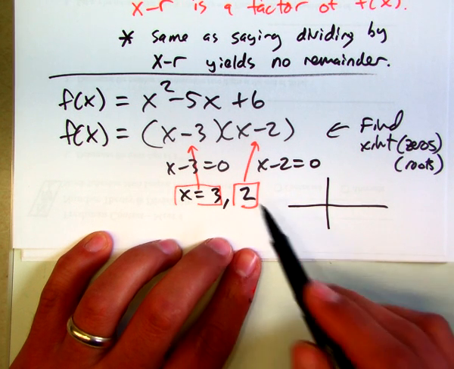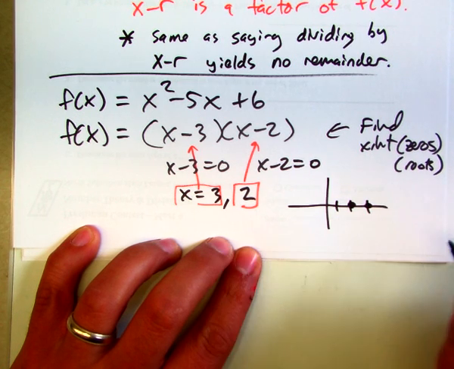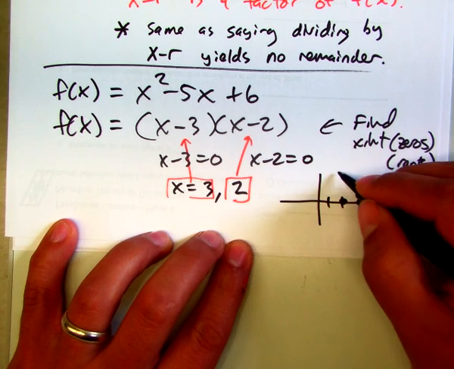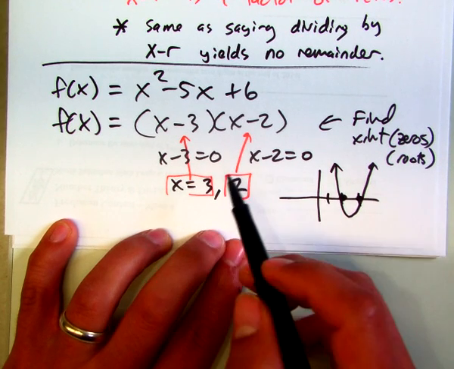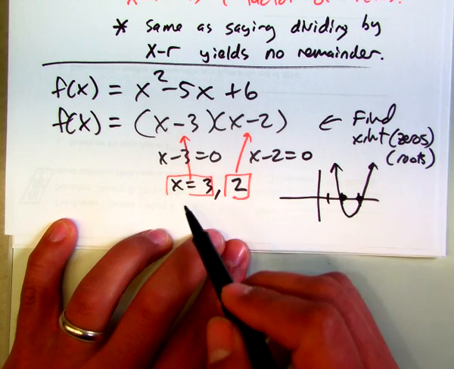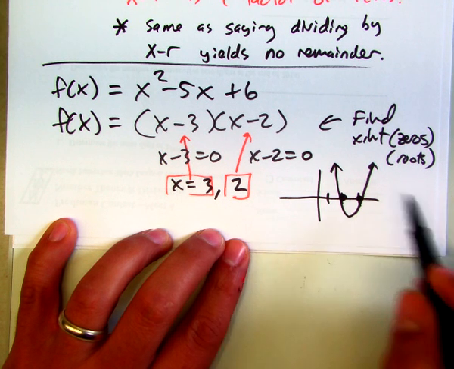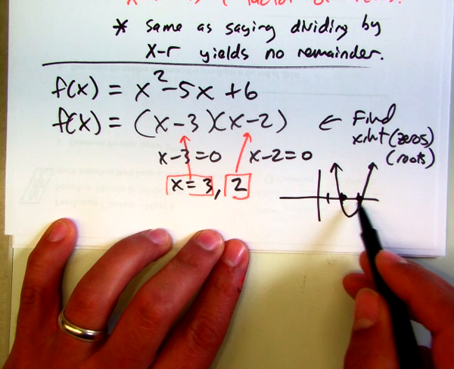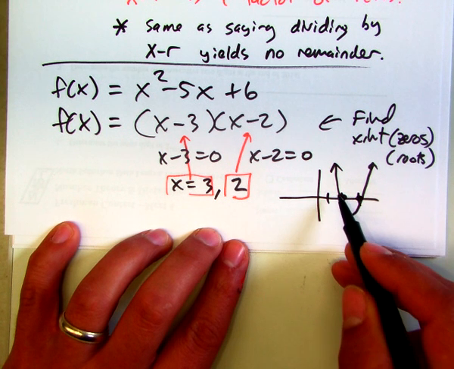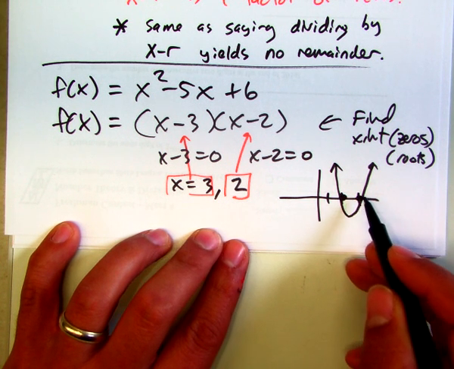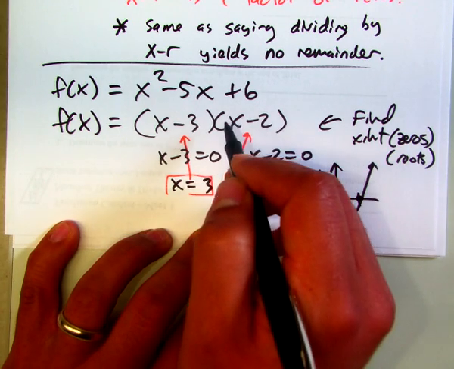If I know the x-intercepts are 2 and 3, and I know that this is a parabola, then we know it looks something like that. So not only can you look at an equation, factor it, and get your roots from there, if you have a picture given to you, and you see that 2 is an intercept and 3 is an intercept, that means all of the above. If 2 is a 0, it's an x-intercept. If 3 is a 0, it's an x-intercept, which means this is how it factors. Okay?